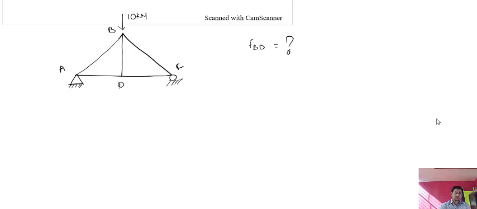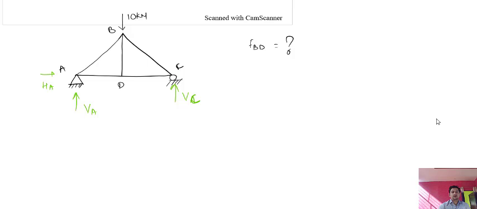If you are following the concept of the method of joints, the first step is that you need to maintain the equilibrium of the whole truss and find the reactions. So here is A's reaction, here is C's reaction: one vertical reaction at this support, VA, and one horizontal reaction, HA. Here there is only one vertical reaction, that is at C.